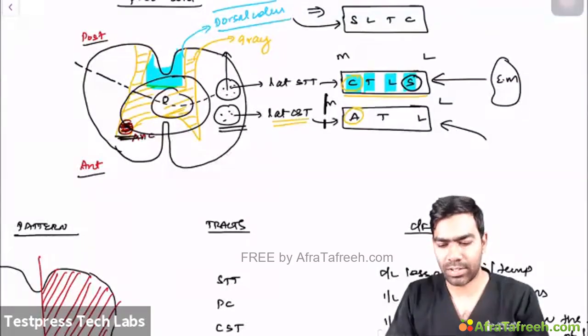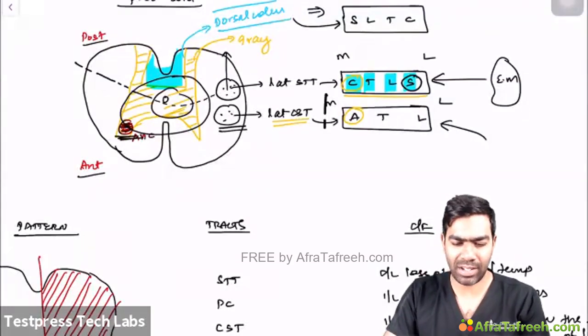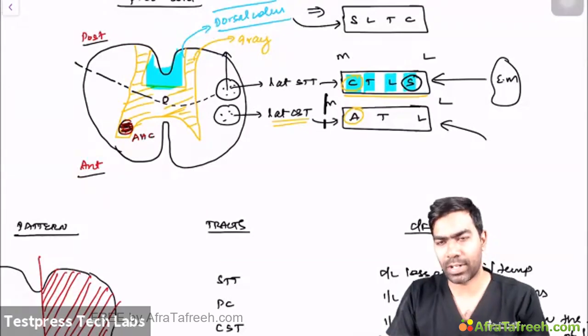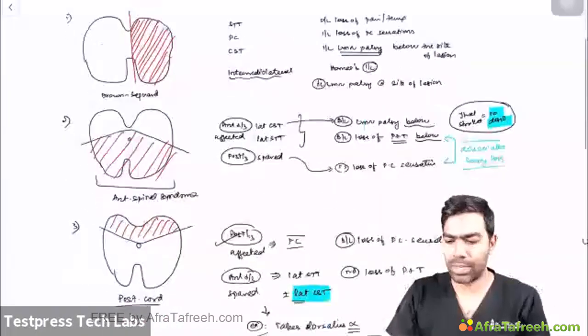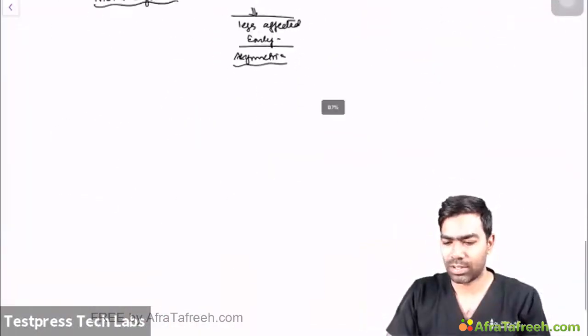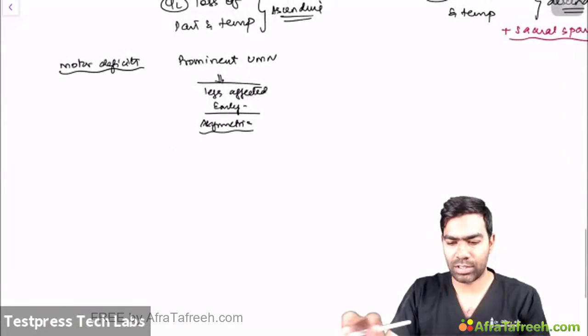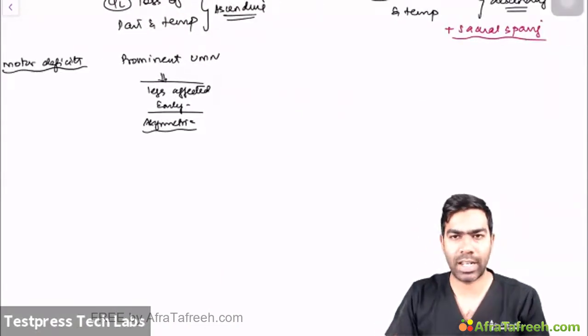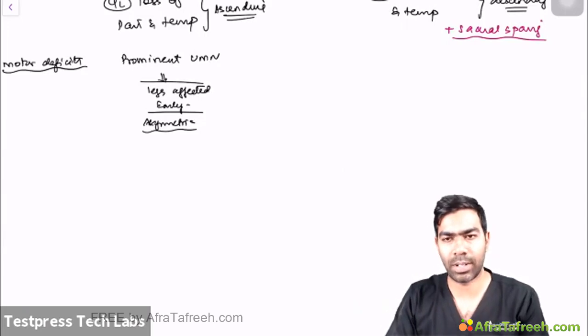Basically by the common logic, when they keep expanding, which will be affected first? Anterior horn cells or the lateral spinothalamic tract? Yes, anterior horn cells will be affected first, which means if the anterior horn cells are affected, it will be prominently paraparesis or prominently lower motor neuron type if your anterior horn cells are affected.